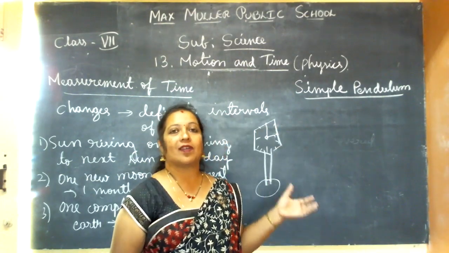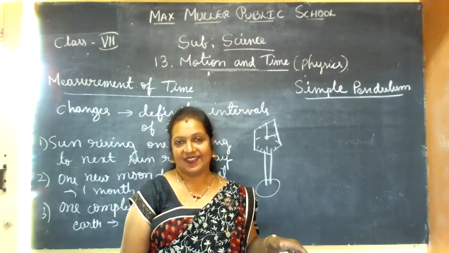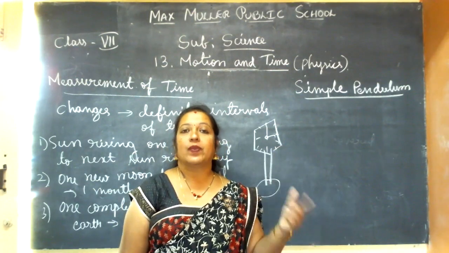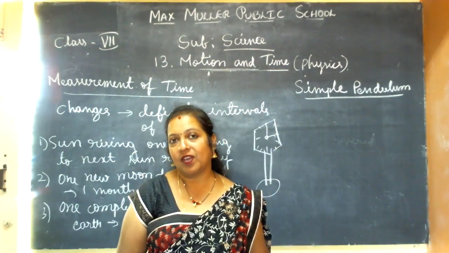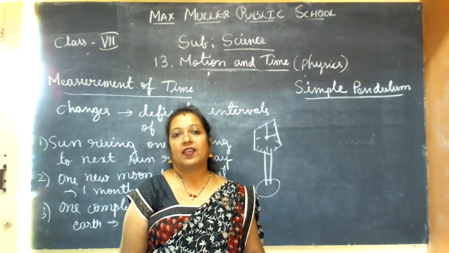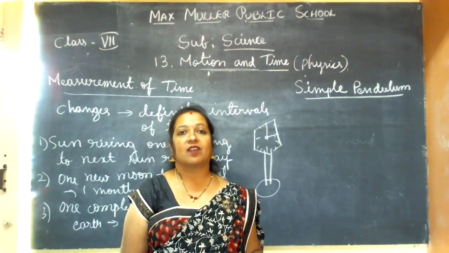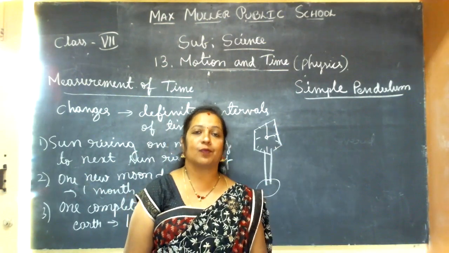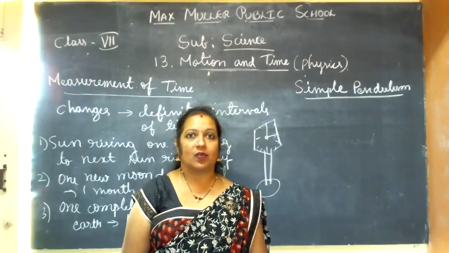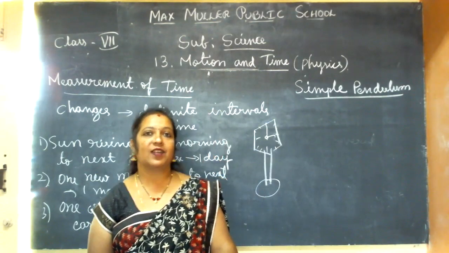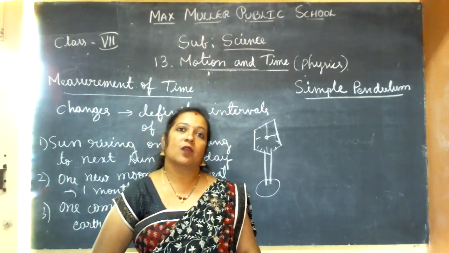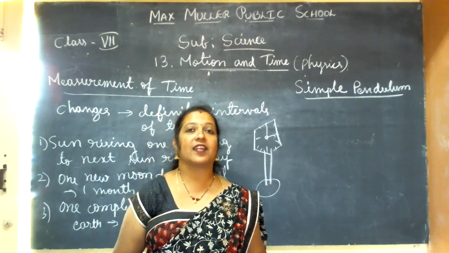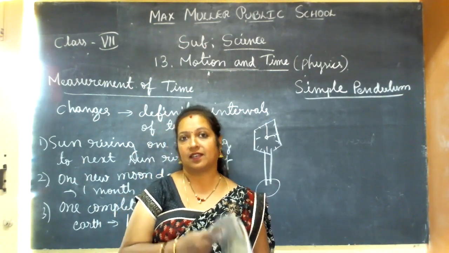See, this whole clock design, the working of the clock, the movement of the hands of the clock, all of it is made using the technique called simple pendulum. They observed the movement of this simple pendulum ball, then they found a device called watches or clocks, and like that different types of clocks were introduced on the earth.